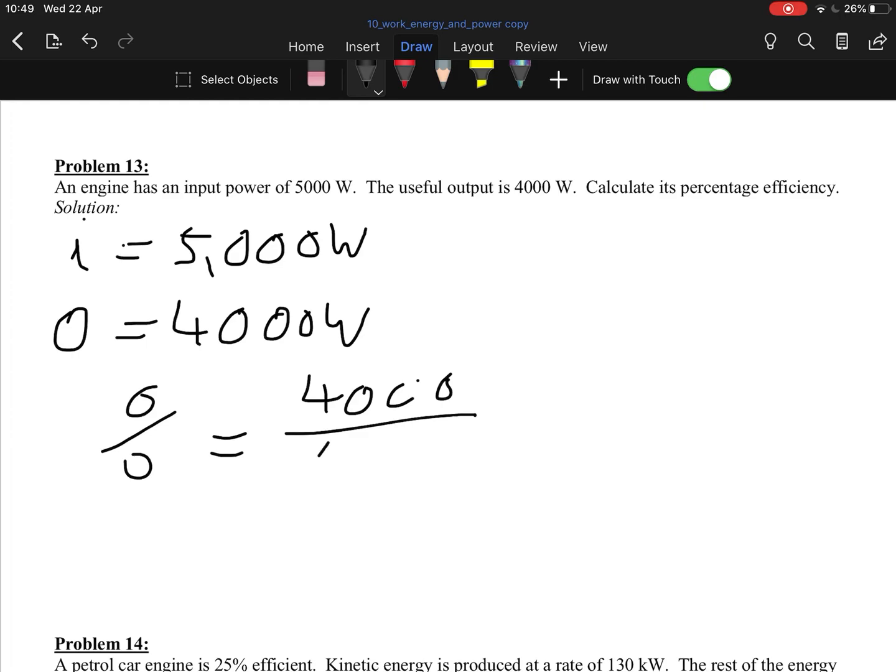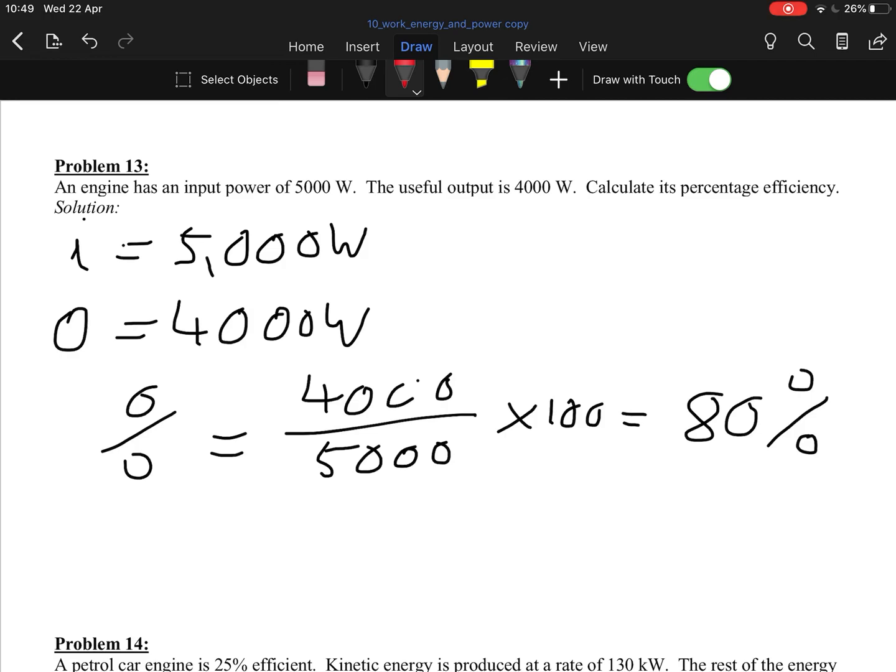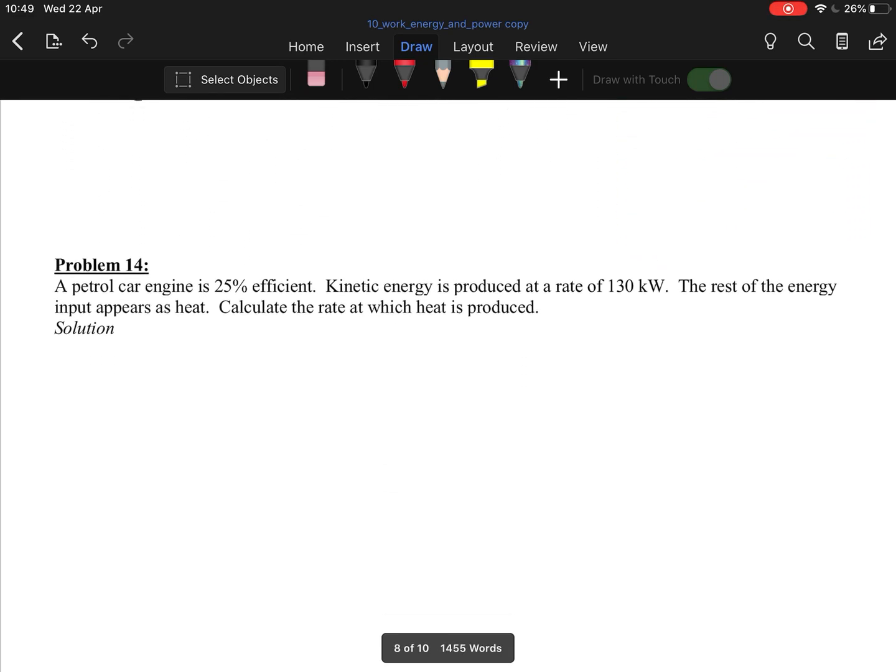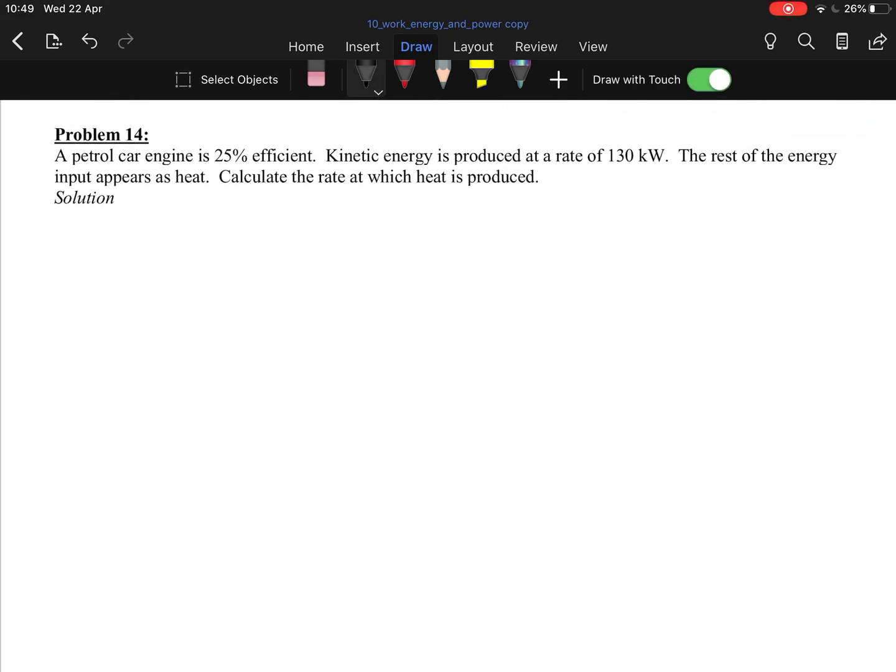Percentage efficiency is going to be our 4,000 divided by our 5,000 multiplied by 100. That gives us 80% efficient, so it loses 20% to other things. That's all it is. Think of it always like an exam: your grade divided by the total marks you could have got multiplied by 100.